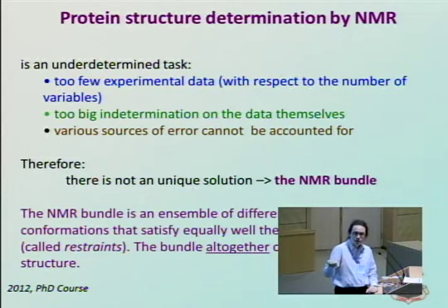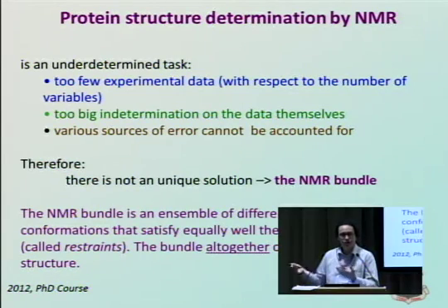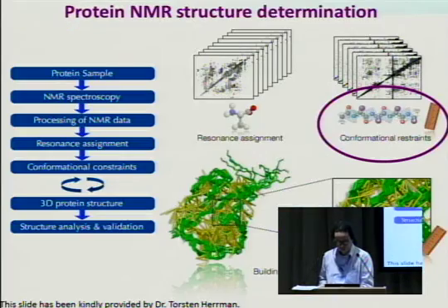And so that's what makes the NMR bundle, and the bundle altogether is the NMR structure. So there's at least theoretically no clever way to just get one conformation. You do have to get a bundle, and that's why you actually end up depositing these bundles of 20, 30, 40 structures in the PDB.